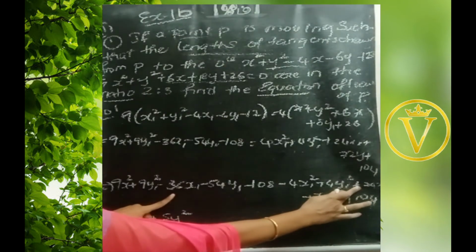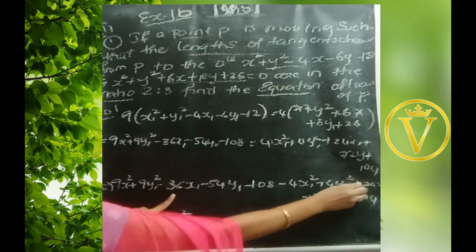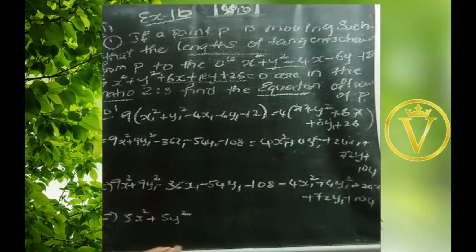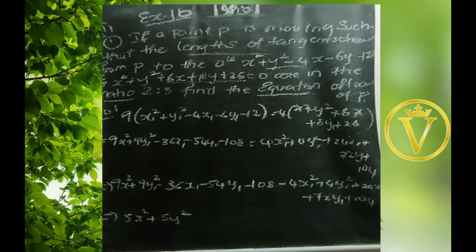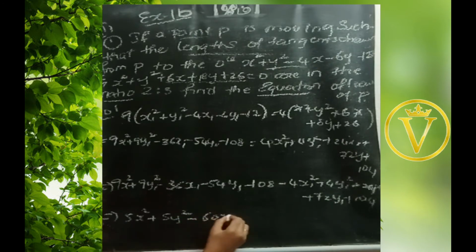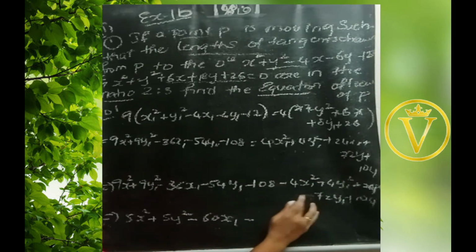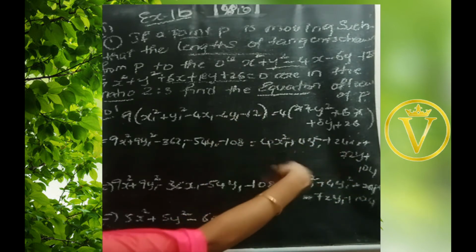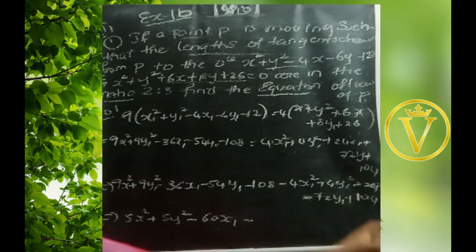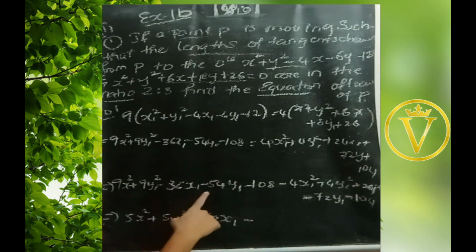So here it is minus. So we'll get minus 60x.